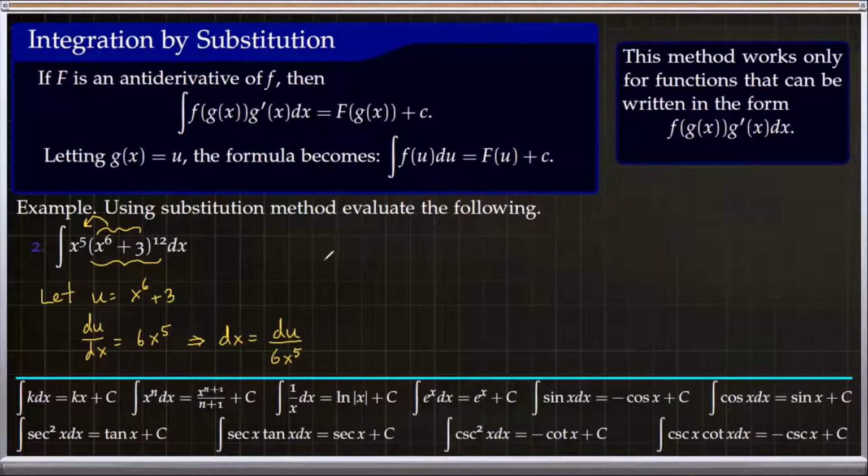Therefore, the integral is, I'm going to put x to 5 as it is, times, for x to 6 plus 3, we are letting that to be u. So we have u to 12. And dx is simply du over 6x to 5. So now it looks like this x to 5 gets canceled out.